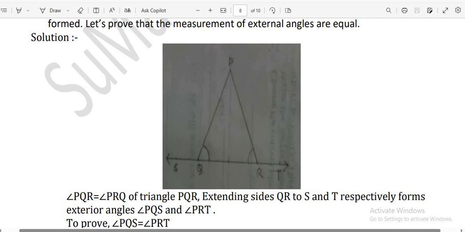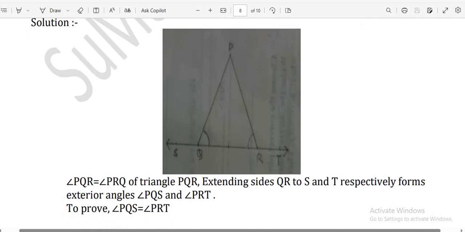Extending side QR to S and T respectively forms exterior angles PQS and PRT. We have to prove that angle PQS is equal to angle PRT.